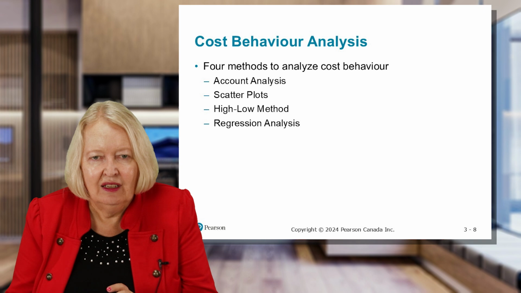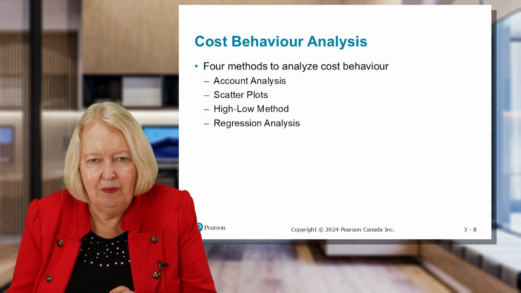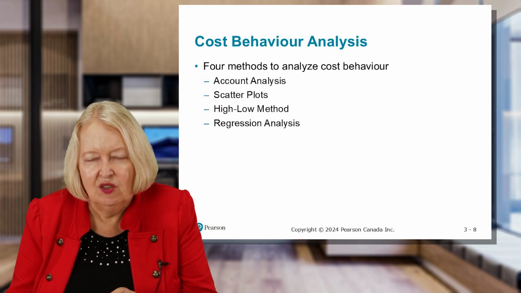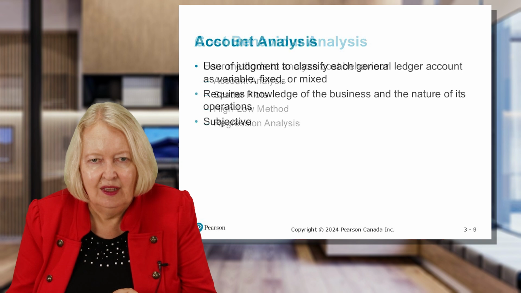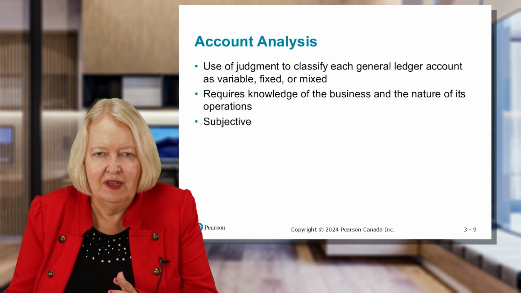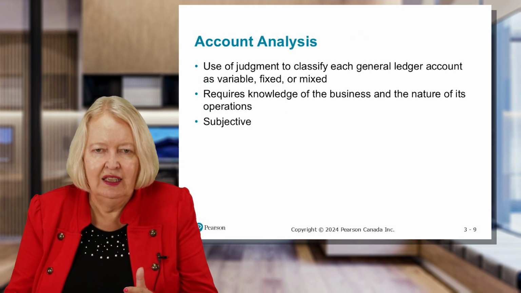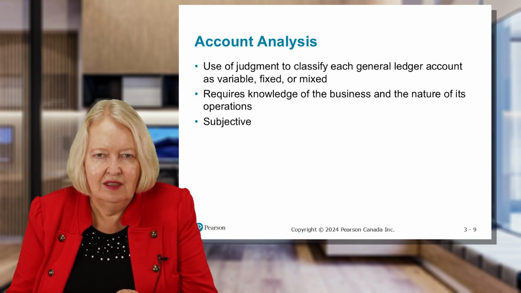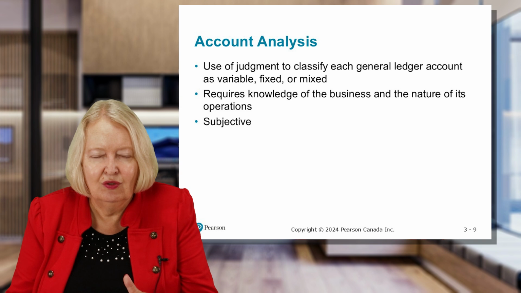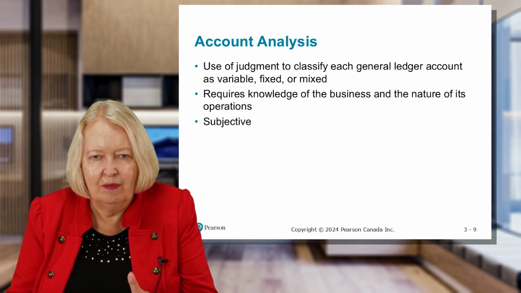So when you're looking at how costs behave, there's 4 basic ways to do that. One is account analysis, the other is a scatter plot, high-low method, and regression. So with account analysis, basically you're just looking at the transactions in your accounting system and you're using your judgment and estimating as to what proportion is fixed, what proportion is variable or mixed.